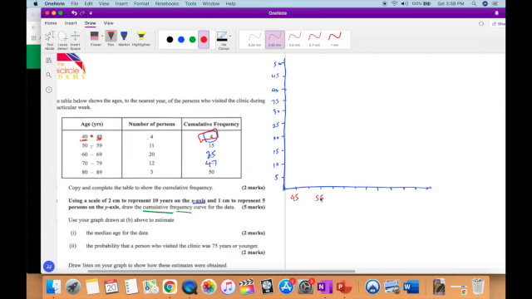And this 55 midpoint will actually represent this group. And then this will be 65, 75, 85, 95. Well, we don't need 95. So what I did there was I actually took the midpoint of each class interval and I put that there on my cumulative frequency curve.